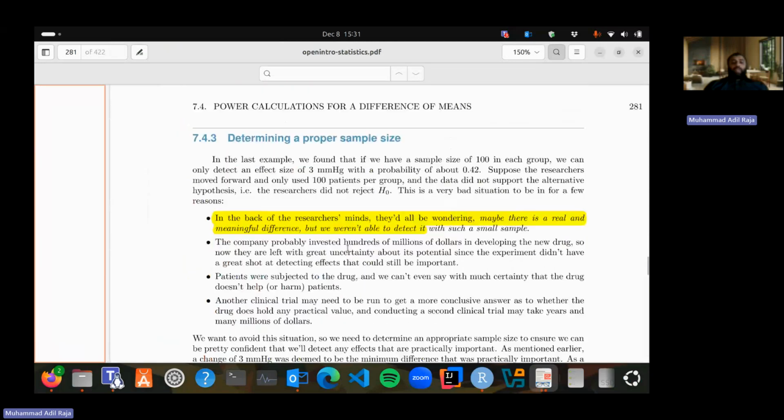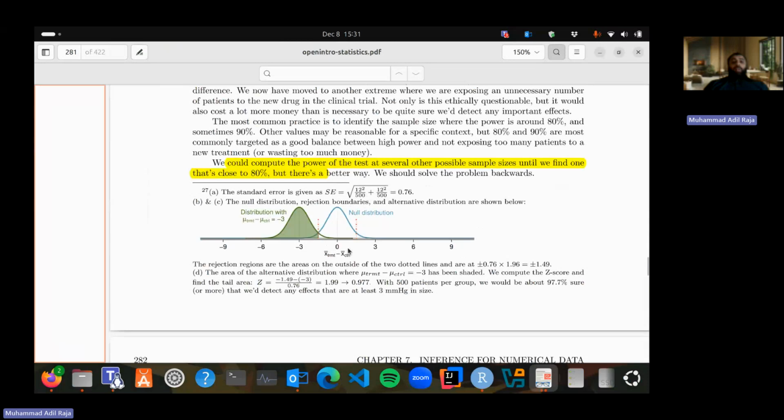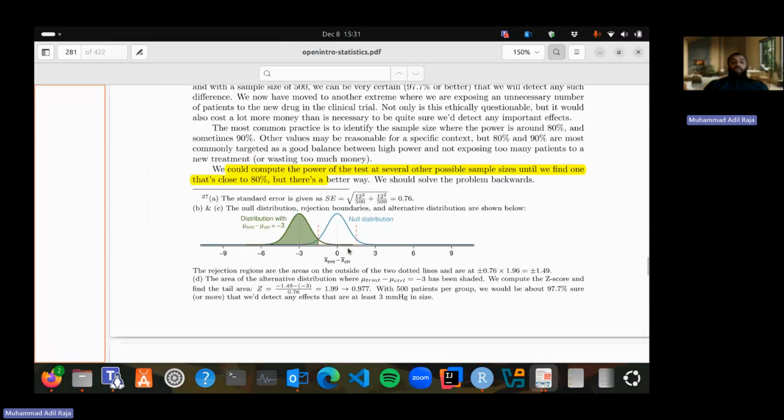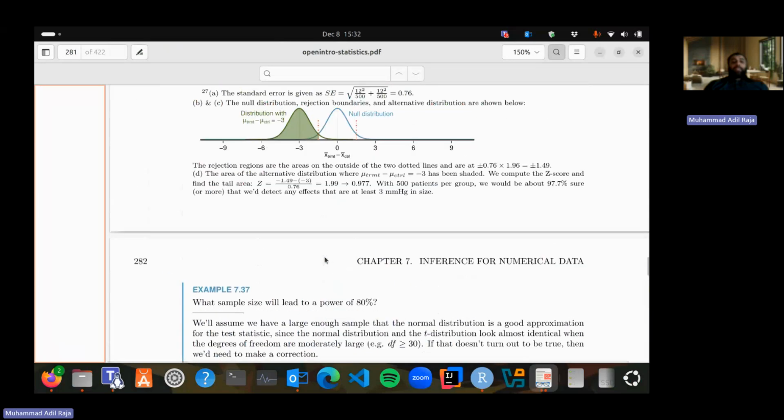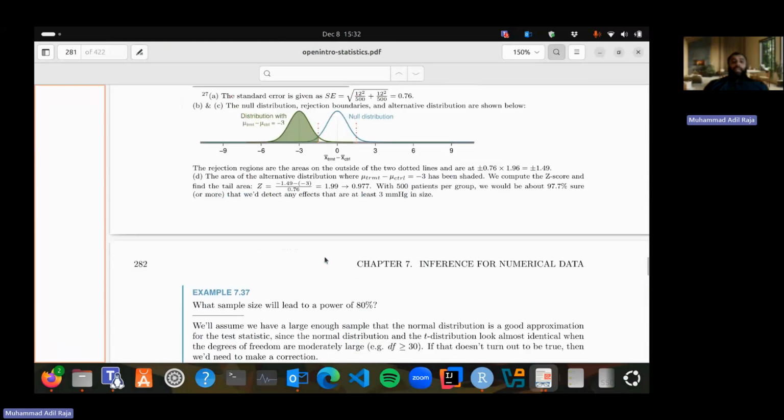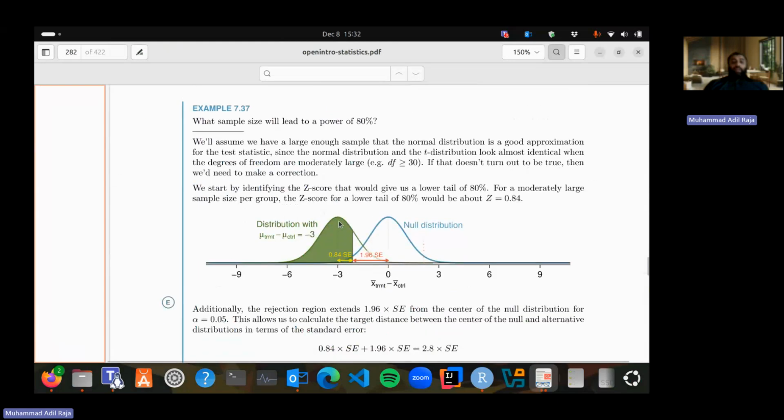Now the question was, how do we compute the sample size if we require a desired power of 80%? So what should the sample size have been? So what he does is draw a distribution over here and this one over here. The effect size is -3, which means the length from the middle of the green distribution, which is our desired distribution with a desired effect size, to the center of the null distribution, which has a mean of 0.